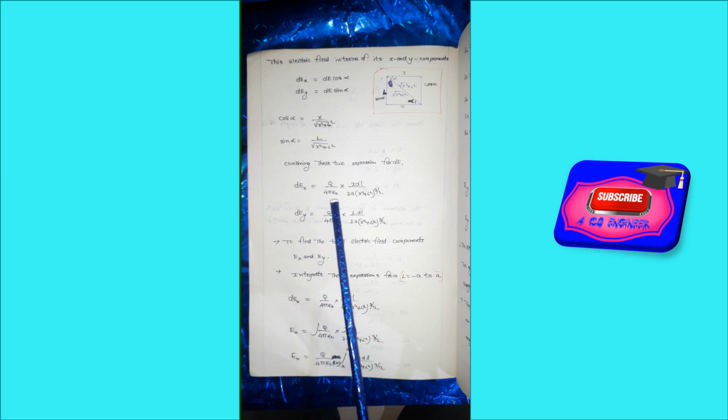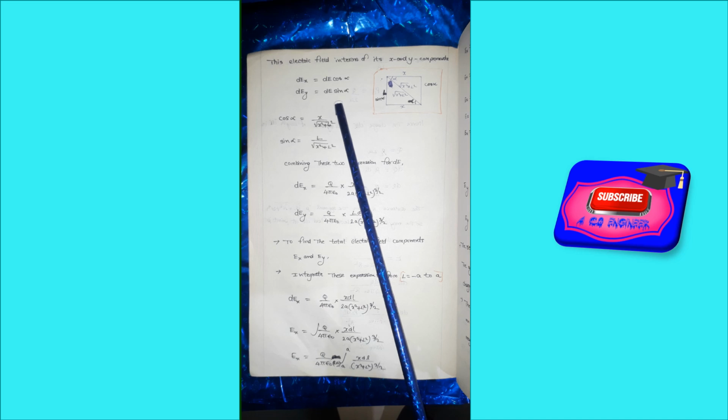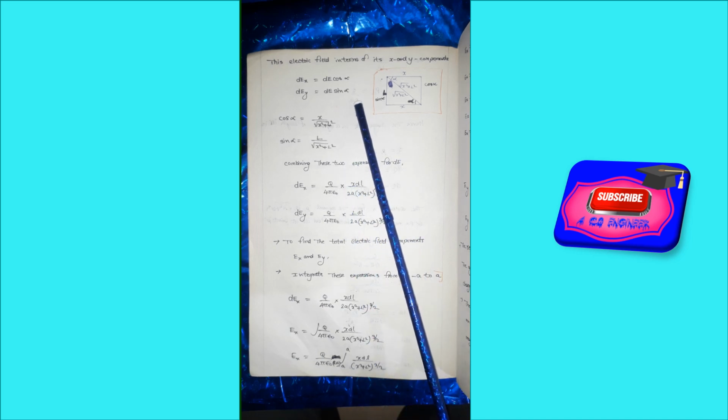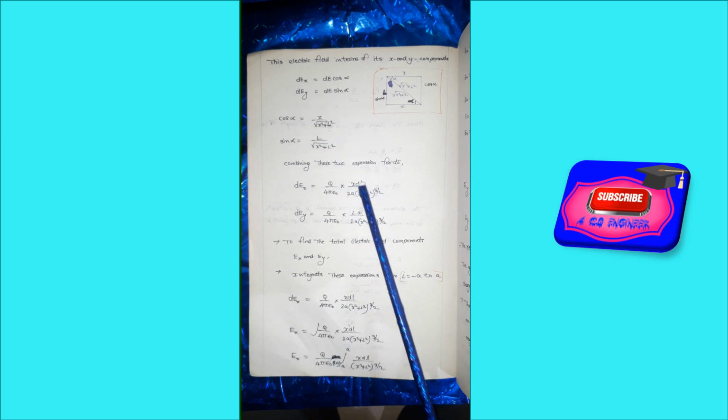So dEx is equal to q by 4 pi epsilon naught into x dl by 2a into x square plus l square whole power 3 by 2.